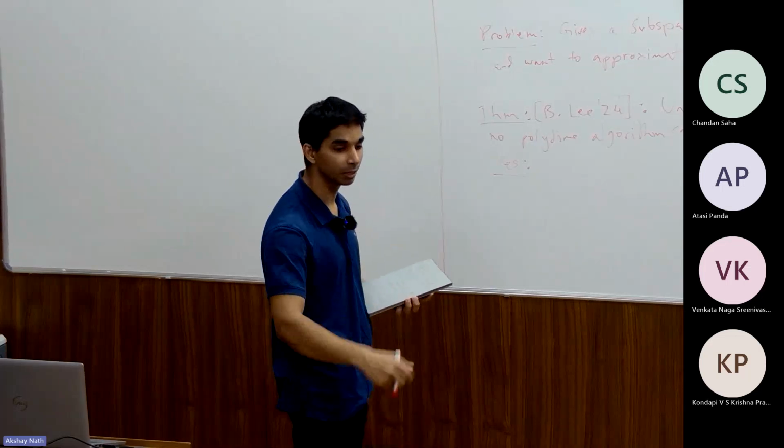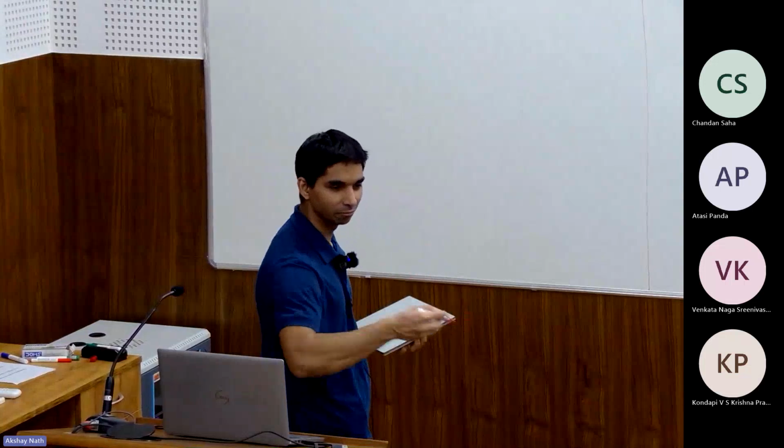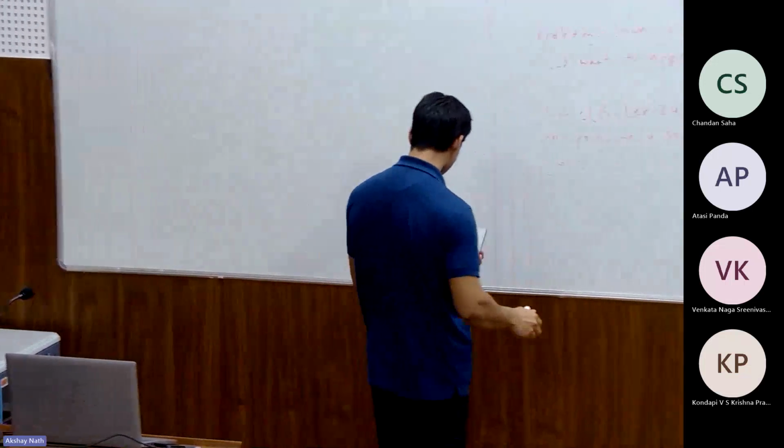Yeah, the minimizer may not be unique. For example, in a Reed-Solomon code, you can have many.